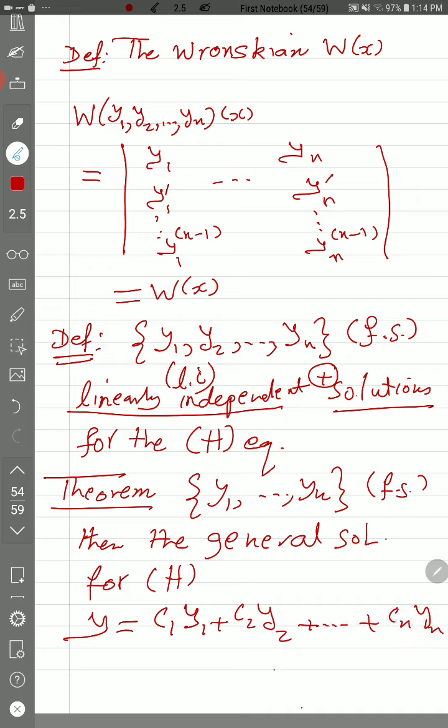This is the most important result: the general solution for the homogeneous equation.